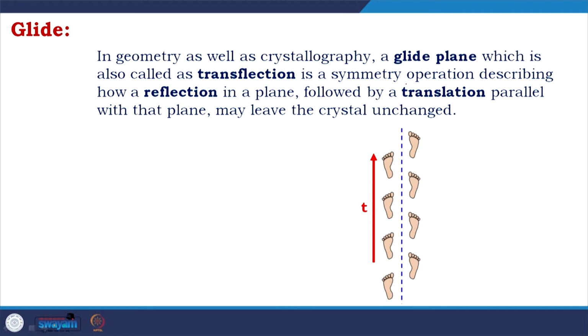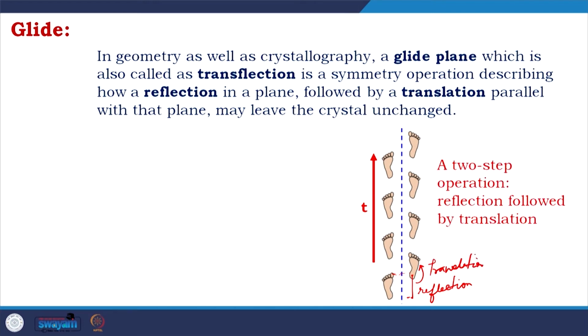If you put a mirror, you will have a reflection, but the reflection would be putting the feet here, but the feet is now proceeded. So, there is a reflection followed by a translation. A two-step operation, reflection followed by translation.